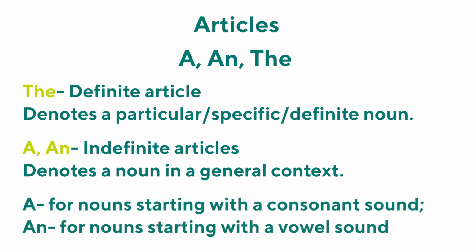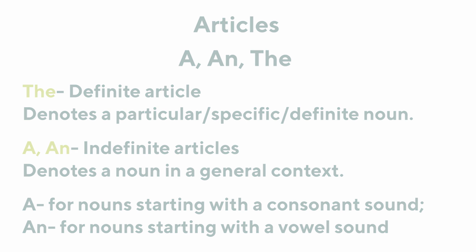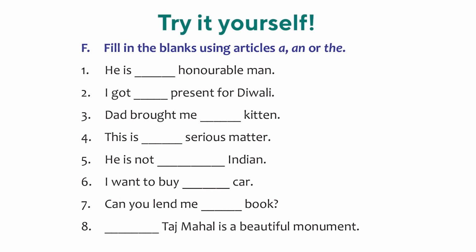We use a when the word starts with a consonant sound, and we use an when it starts with a vowel sound. On page 43, you have a couple of exercises to help you practice the right usage of a, an, or the. Go ahead and do those. The second one is also a fun one where some of those articles are missing. So you have to add the right article at the right spot and make the sentence sound sensible.